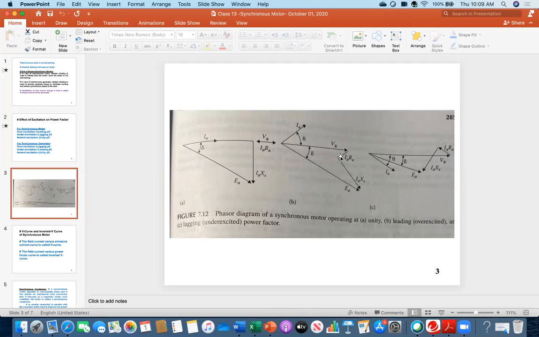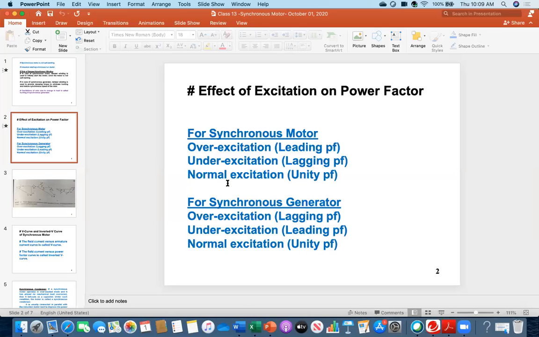EA is much larger than this one. And the third case is the under-excited case. This is your terminal voltage, but this is your internal or back voltage, which is much less. So look at those diagrams that I drew, and try to remember these conclusions.